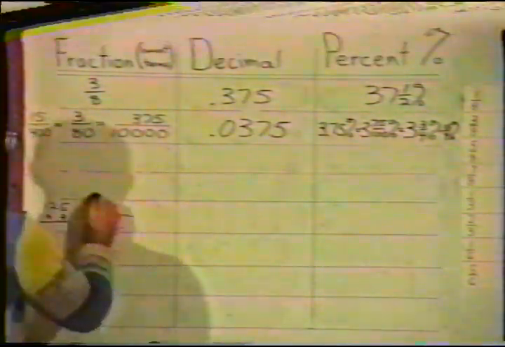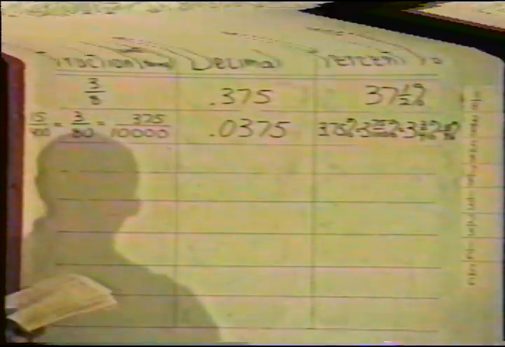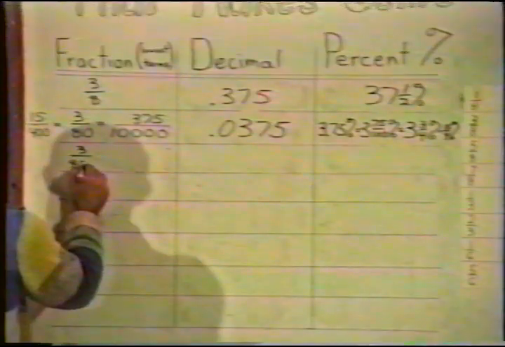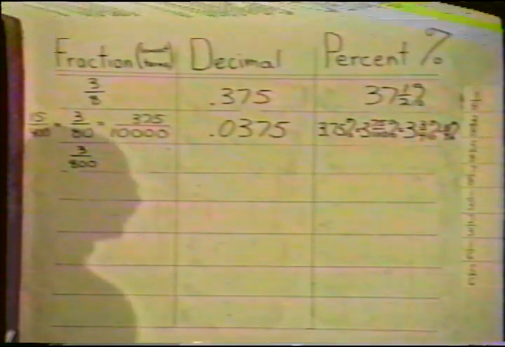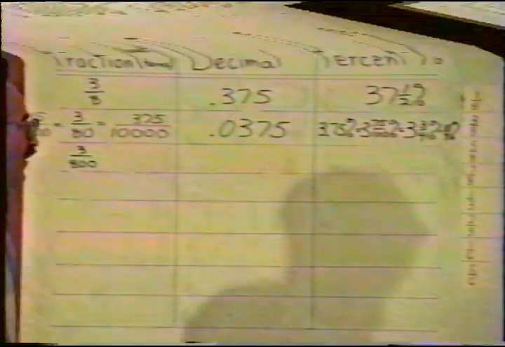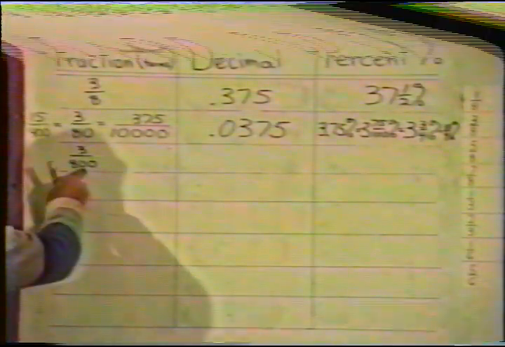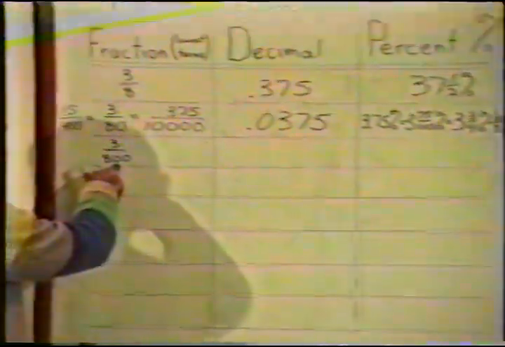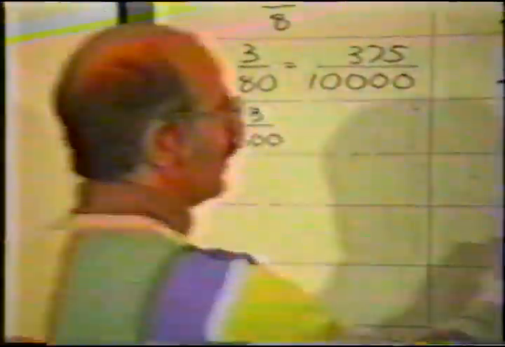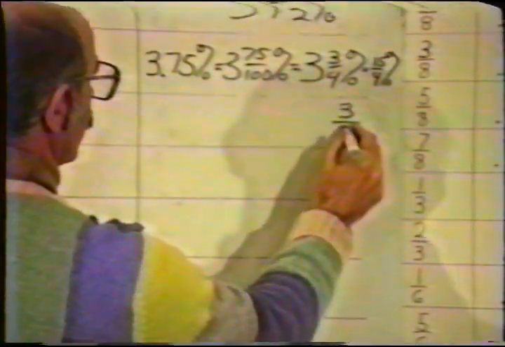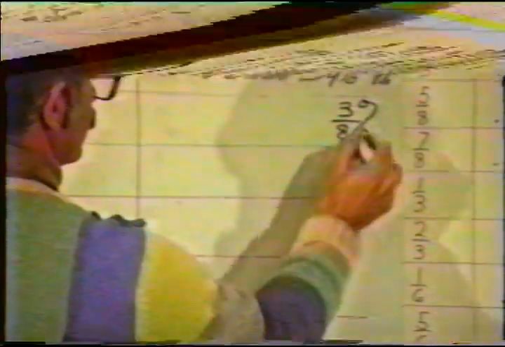Let's do another one. This time we'll do 3/800. Do we have a special trick for that? Yes. We can take off the 2 zeros and add what to make it a percent? A percent sign. Let's see what happens. 3, take off the 2 zeros, and add the percent sign.